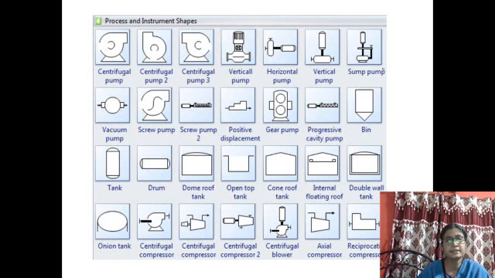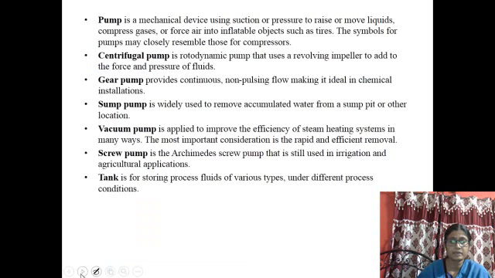So these are the typical symbols. In any plant data, just by seeing this symbol, you can identify what type of device is used in the control loop. This is for a tank, this is for a drum, this is for an open top tank. So all these are standard symbols for different types of pumps, compressors, tanks, drums, etc.